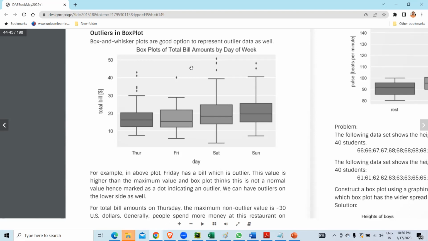But in the box, for everything, it's showing a line. So on Thursdays, what is that line? I understood that it's the median. The median is the center line, right? And it's considering even the outliers for the median value.